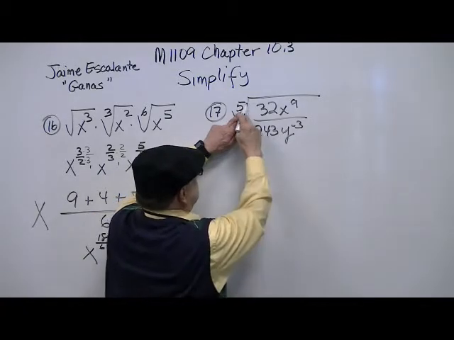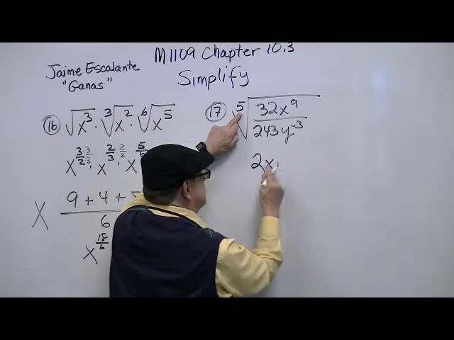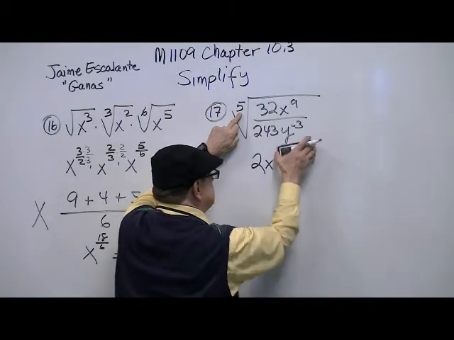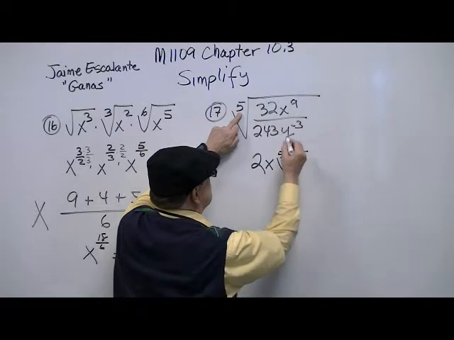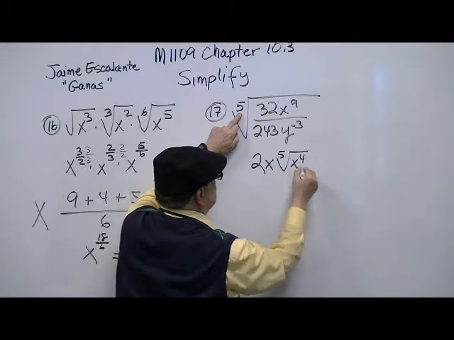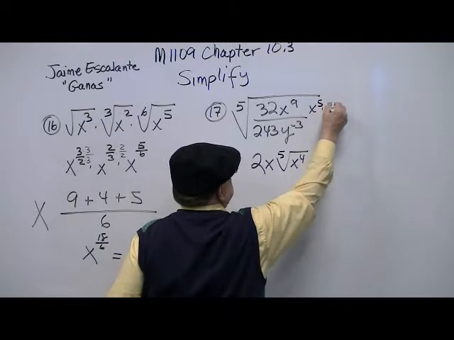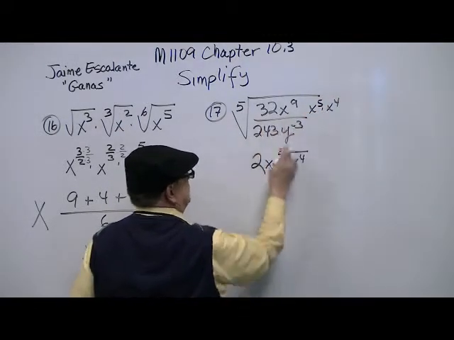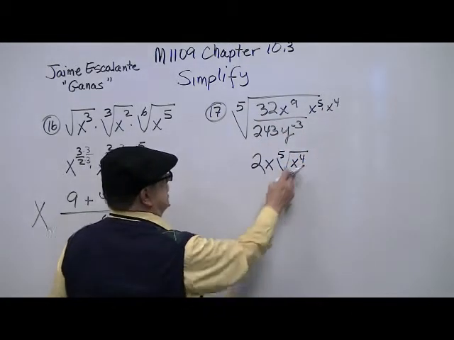And I could take the 5th root of x to the 5th, comes out as an x, and then under the radical sign, I'm left with the 5th root of 4x to the 4th. So I divided this into x to the 5th times x to the 4th. I took out the x to the 5th, that gave me my x here, and then I'm left with x to the 4th under the radical sign.